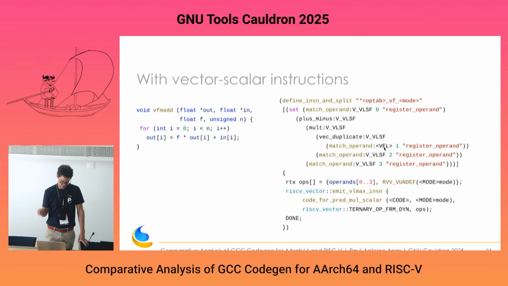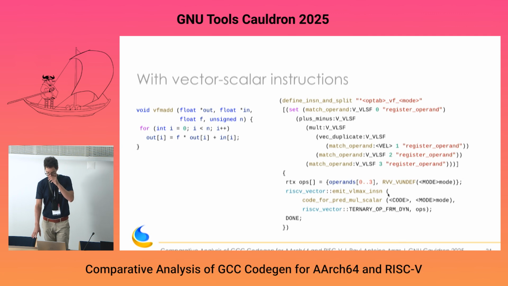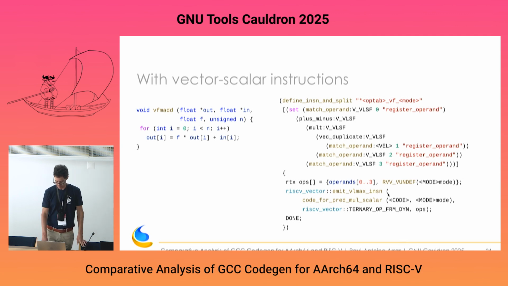Here it's a placeholder for one scalar element of the right mode, and then there's some RISC-V specific stuff. You need to call emit_vlmax_insn with the right code, but that's quite classic in the RISC-V world. And then after that, you get your combination just like that.